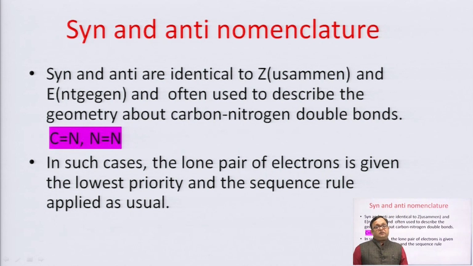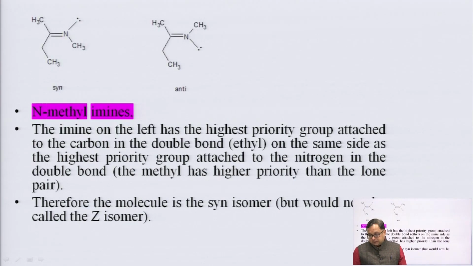Similarly, syn and anti nomenclature is identical to Z and E. This type of nomenclature is present in carbon nitrogen double bonds, and easily here you can see that we are giving the lowest priority to the lone pair.